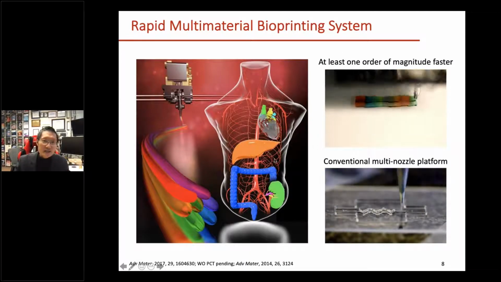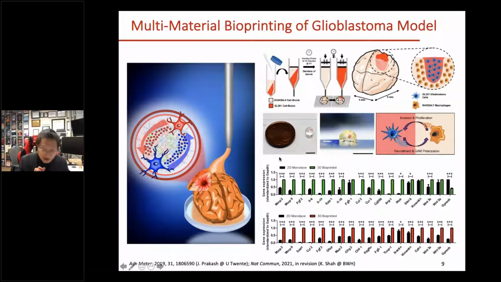So some applications of similar kinds of configurations: one of the applications in disease modeling, again, a couple of years ago, we were working with some colleagues in the Netherlands, trying to use multi-material extrusion bioprinting to allow verification of brain tumor models. What happened here is that you first print a little mini brain model, as we call it, which has macrophages inside.